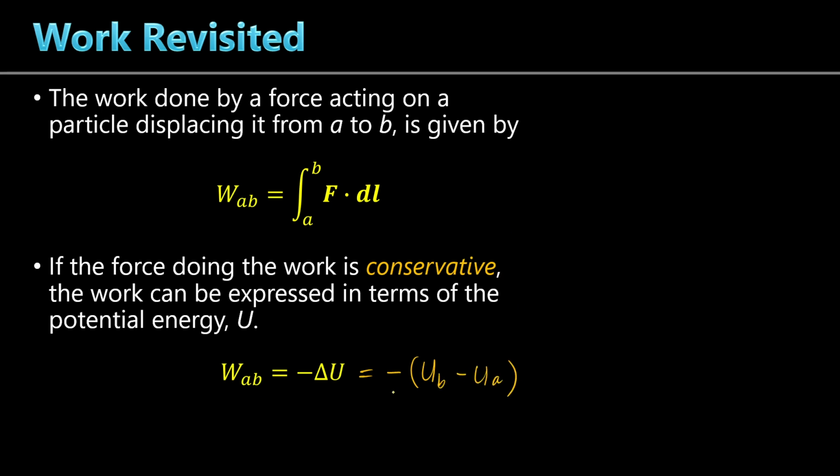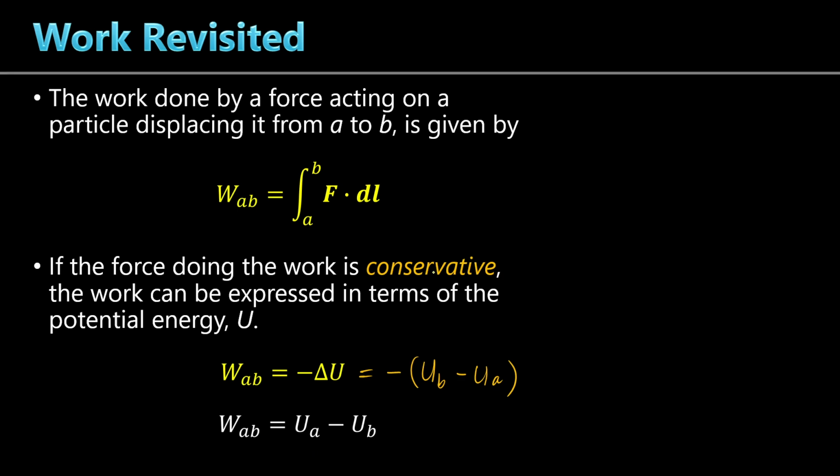Okay? The negative of the change in the potential energy. U_B is the final potential energy and U_A is the initial potential energy. So we can rewrite this simply as U_A minus U_B.